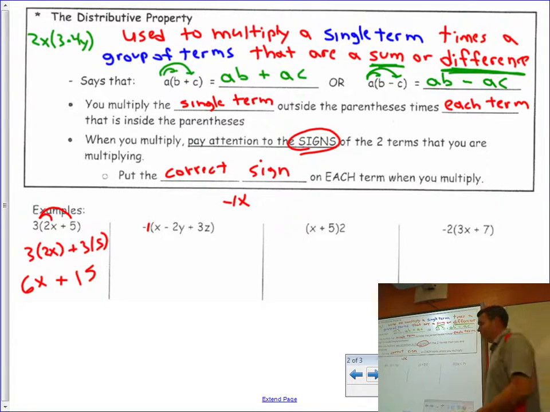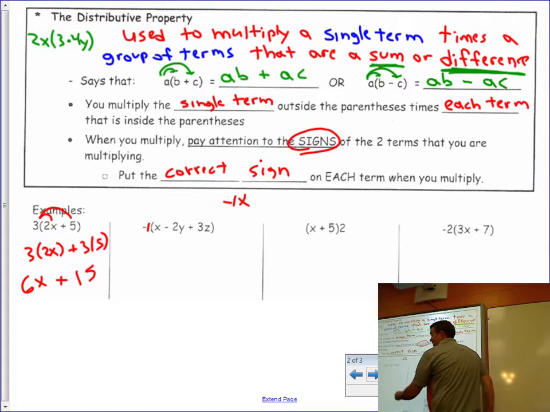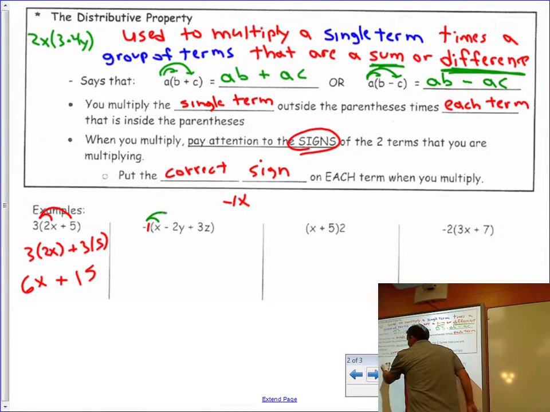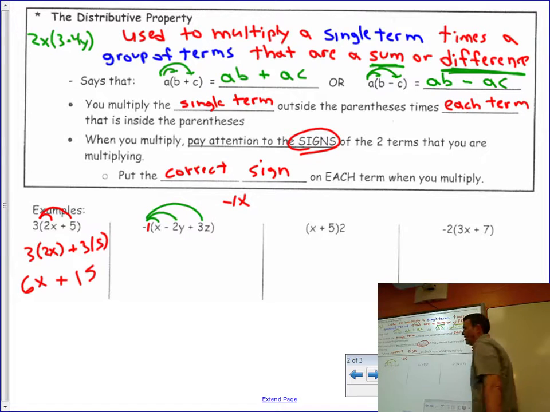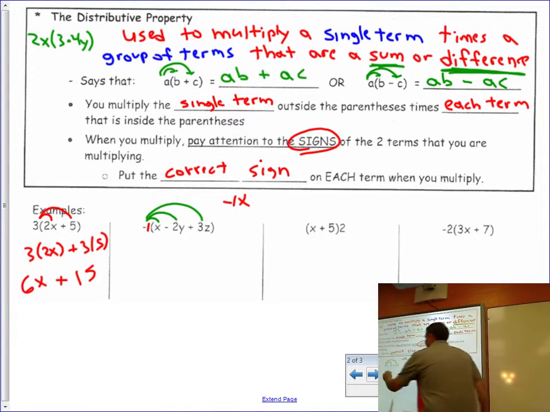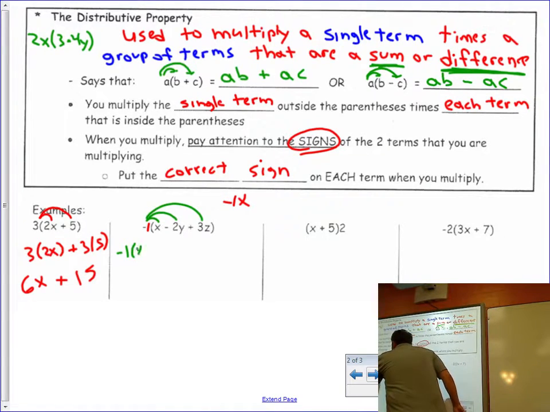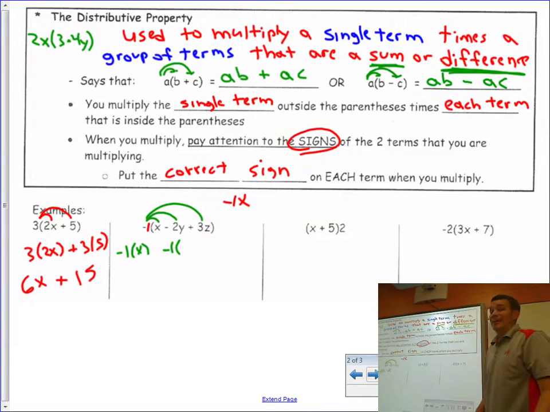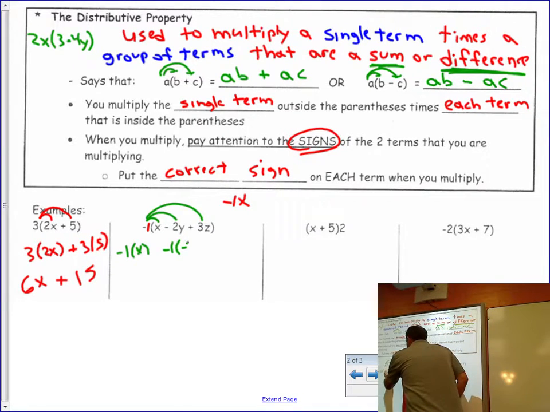So the number I am distributing here is the negative one. I need negative one times each term. Negative one times x. Negative one times negative 2. This is big here. There's a minus in front of the 2, so when I multiply, I need to make sure I pay attention to that being a negative 2.